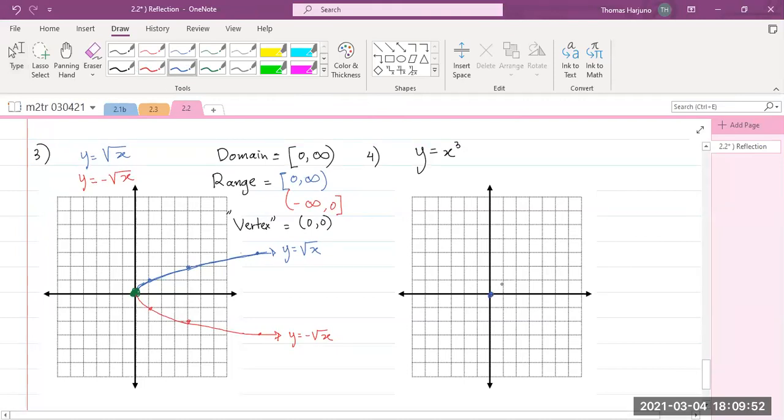And then the other two coordinates are on the positive side, 1, 1, 2, 8. On the negative side, -1, -1, -2, -8. This is the first graph you see that has origin symmetry.